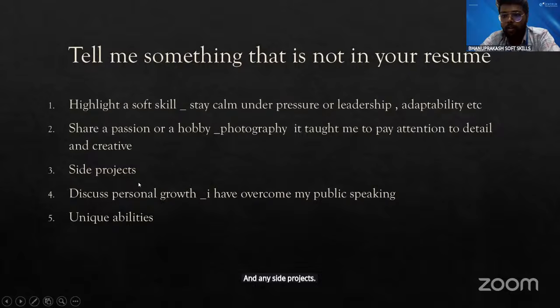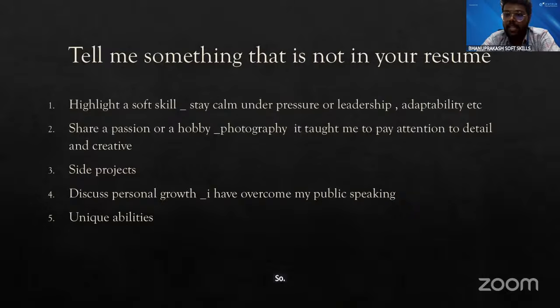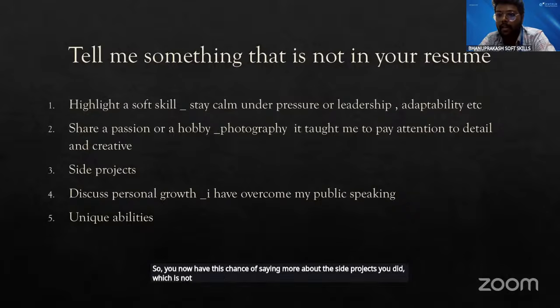The projects that we add in the resume are related to the domain that we are applying for, right? So we never include any side projects that we did in our college time. So you now have this chance of saying more about the side projects you did, which are not related to the technical domain.